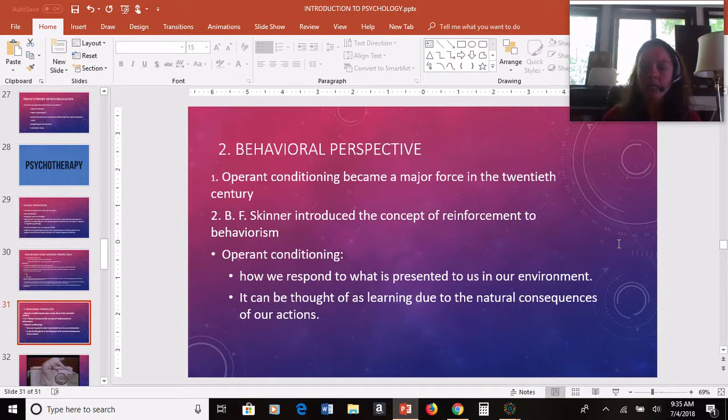So it's a system of rewards and punishment. So we're really looking at how individuals respond to something and taking in the consequences of those responses. And that's really a main key to how we learn in life.